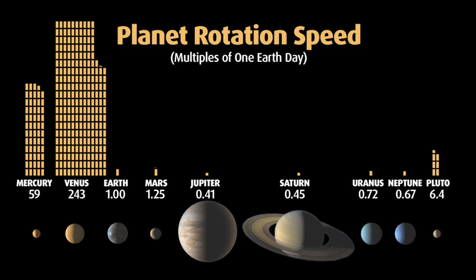But then we go the other direction, and Mars is almost the same as Earth. And then Jupiter, even though it's many dozens of times more mass, it actually spins faster than the Earth. And so does Saturn. And Uranus is a little bit slower than the Earth, and so is Neptune. And then Pluto is backed up to 6.5 days. This is not making any sense.